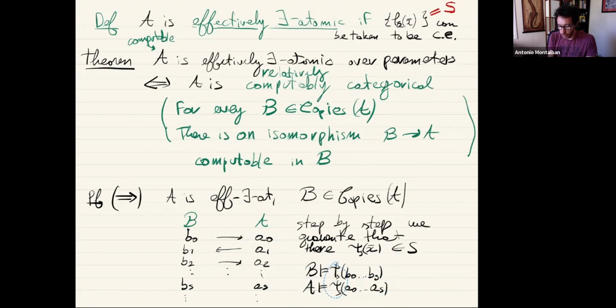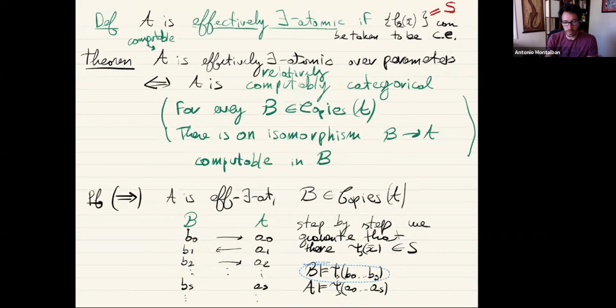And to do the back and forth, suppose we have defined the first few, and now we choose a B2 and we want to find an A2 that matches it in the sense that they satisfy the same formula. Well, we have this up to here. We look for some formula in S that makes it true.